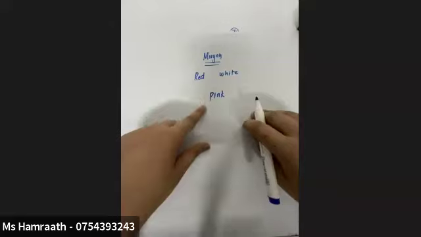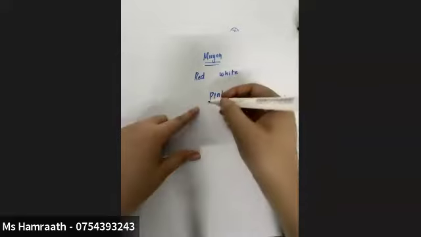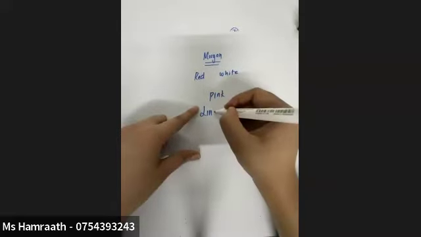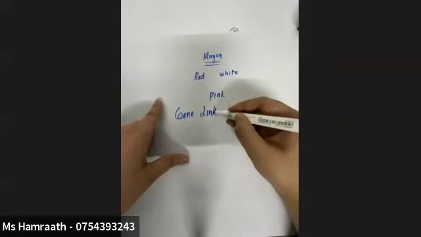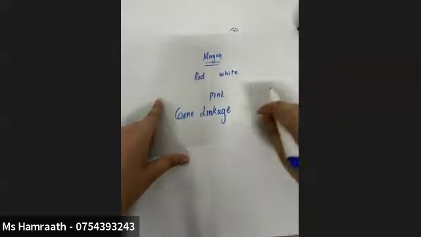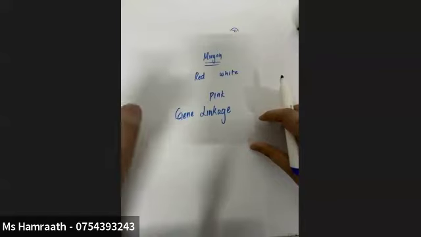So if they have mixed together, what can you say? When two genes are combining together, we call this what? Gene linkage. So who is the scientist who brought up the heading called gene linkage? That is Morgan. So what did Morgan say?